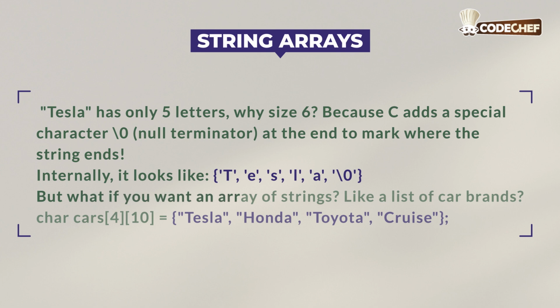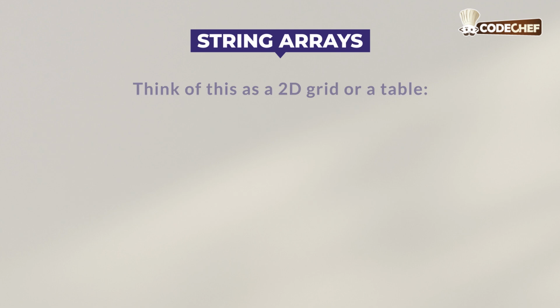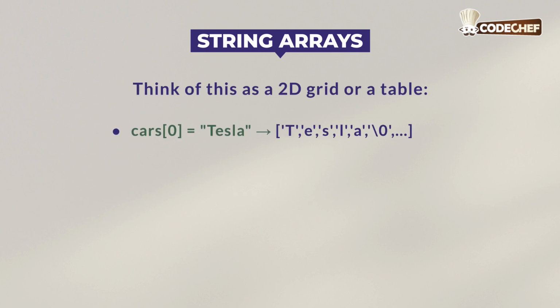But what if you want an array of strings, like a list of car brands? char cars[4][10] is equal to Tesla, Honda, Toyota, Cruise. Here, think of this as a 2D grid or a table. At cars[0], we have Tesla, which is T, E, S, L, A and null terminator.